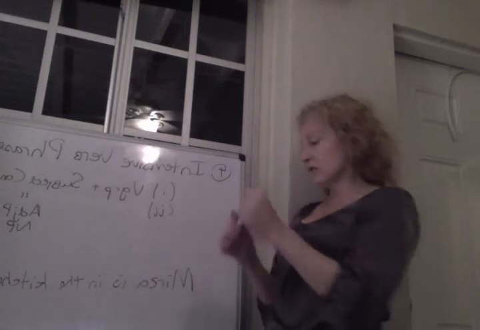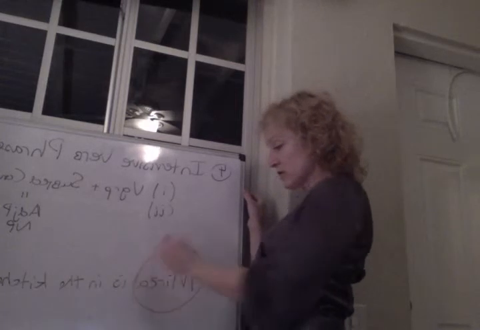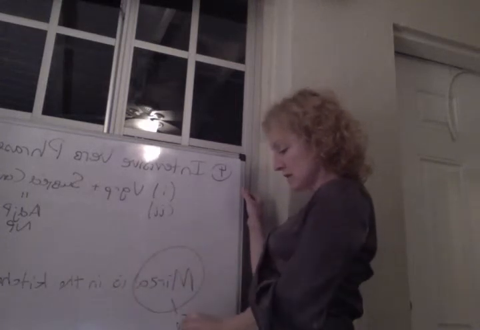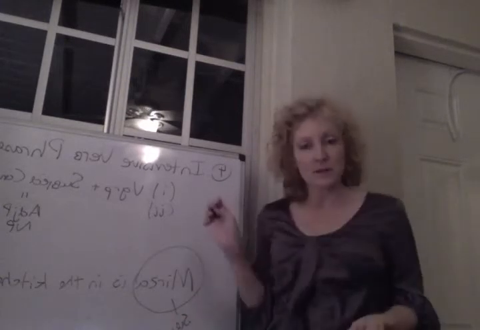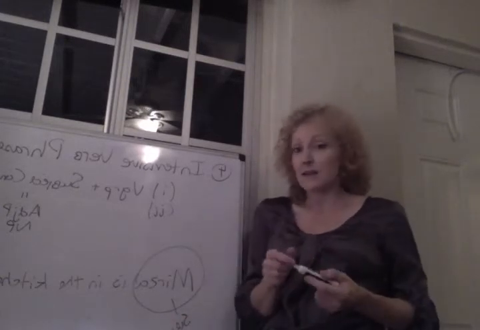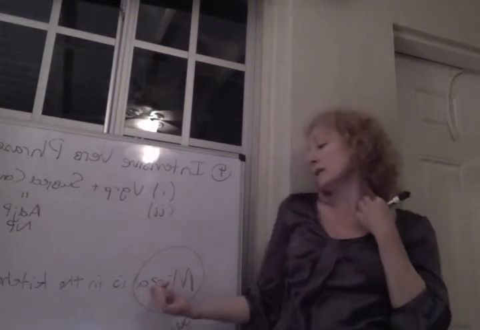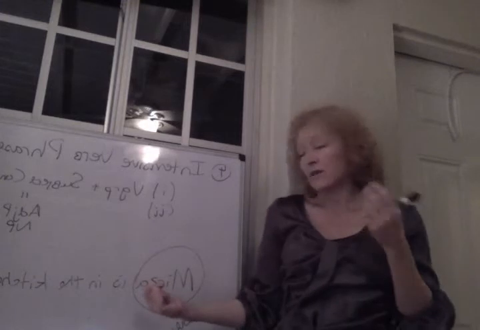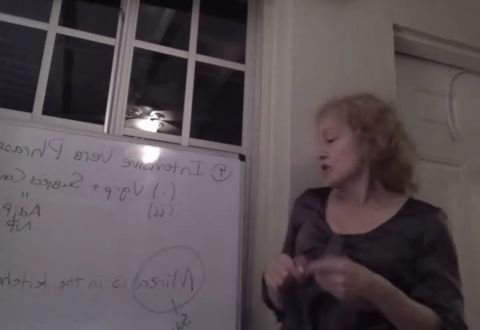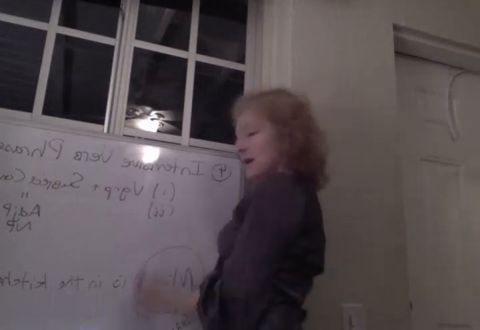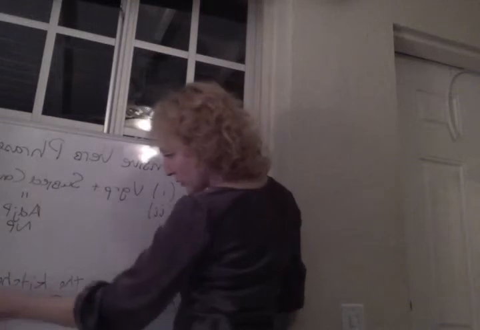The subject of this sentence, the person we're talking about, is this individual Mirza. We know that it can be the subject because it is a noun phrase. How do we know for sure that it's a noun phrase? We know because we could replace it with, for example, a pronoun. You could say he is in the kitchen. So your subject is Mirza, everything else must be your predicate. So is in the kitchen is your predicate.